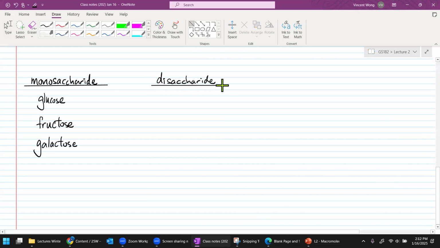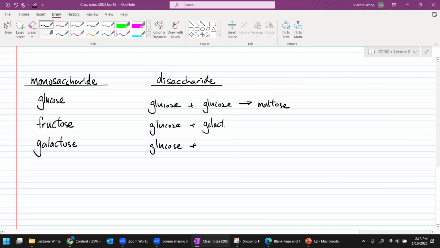Now, to remember the disaccharides, just remember it's always going to be one glucose. Always. It's always glucose plus something. So you can have glucose plus glucose. It's maltose. Remember, galactose is another easy one, because you see the word lactose.